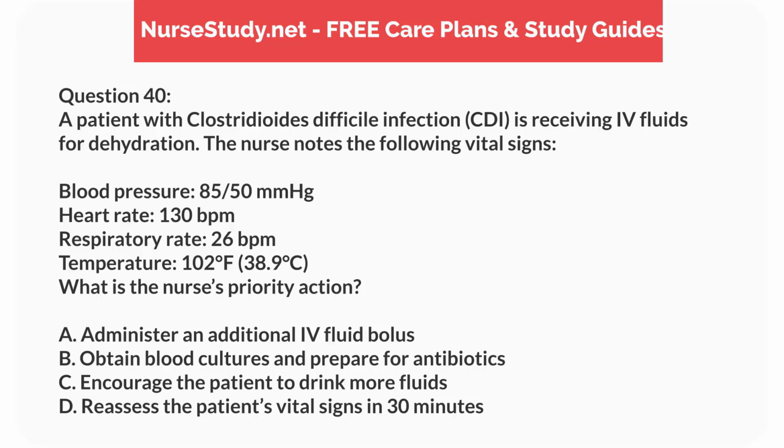Temperature, 102 degrees Fahrenheit, 38.9 degrees Celsius. What is the nurse's priority action? A. Administer an additional IV fluid bolus. B. Obtain blood cultures and prepare for antibiotics. C. Encourage the patient to drink more fluids. D. Reassess the patient's vital signs in 30 minutes.